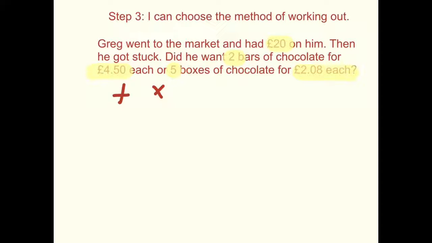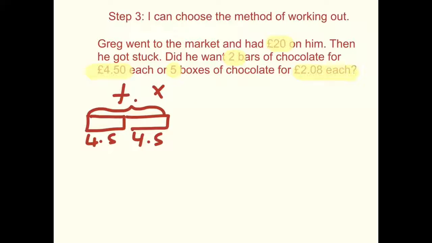So let's use the pictorial method first to visualize the problem a bit more. So we've got 2 bars of chocolate, like so, and we know they cost him £4.50 each. We want to know how much that costs altogether. So for this one, I'm going to actually do the column method just to show you. So I've got £4.50, and we're going to add on £4.50.